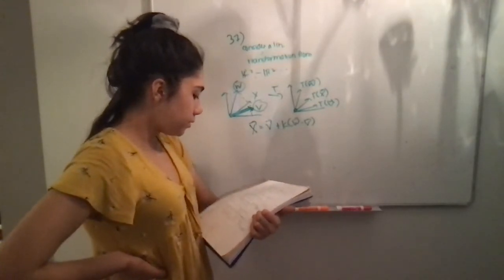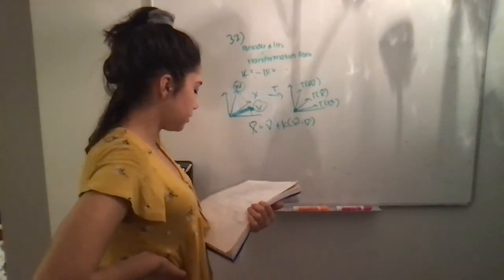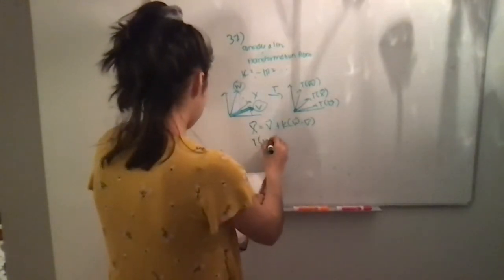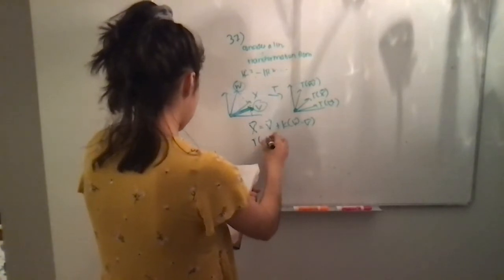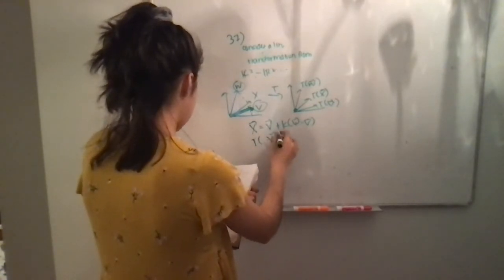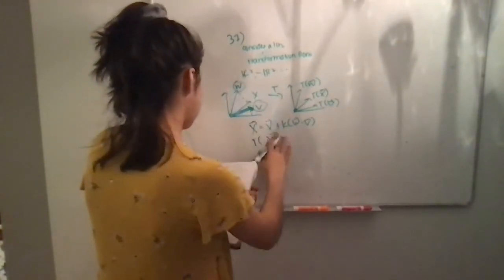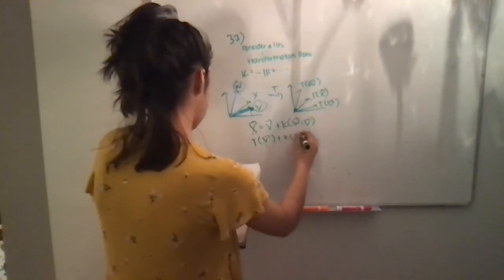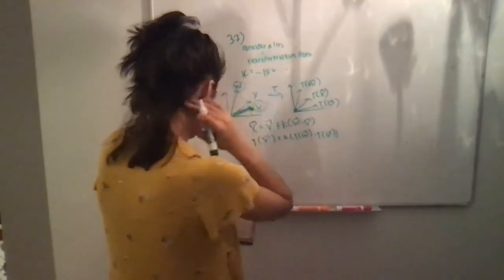But the way that you figure out that it's still going to be on the line segment is that if we have T of x equals, sorry, we have T of v plus k times T of w minus T of v, right?